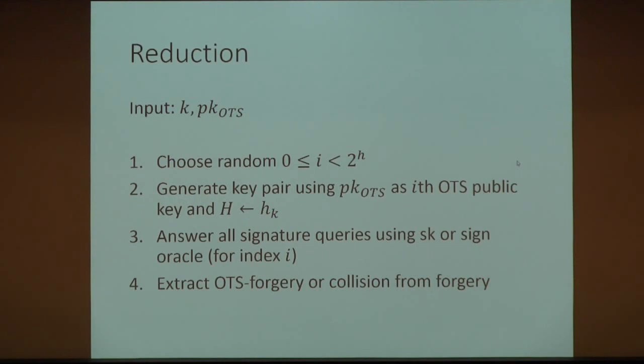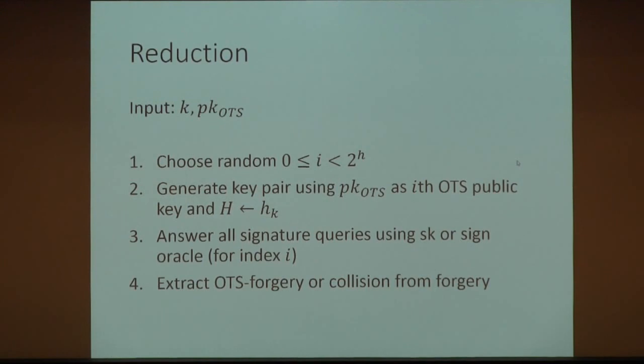And so we get a description of a function family K, a description of a function, and a one-time public key. And then we generate a key pair as before using keygen. And then we replace a random one-time public key by the one we were given and rebuild the tree using the hash function that we were given.